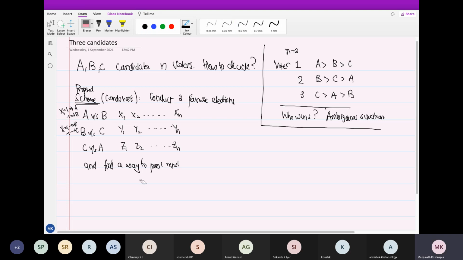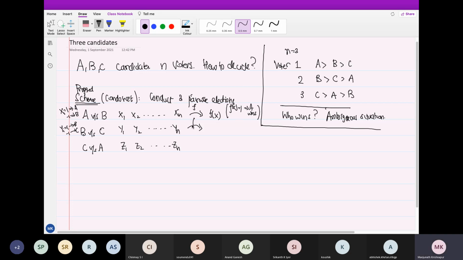What is a way to pool the results together? Conduct 3 pairwise elections and then you apply a Boolean function f. So f of x is the decision, which is +1 means A wins, -1 means B wins.